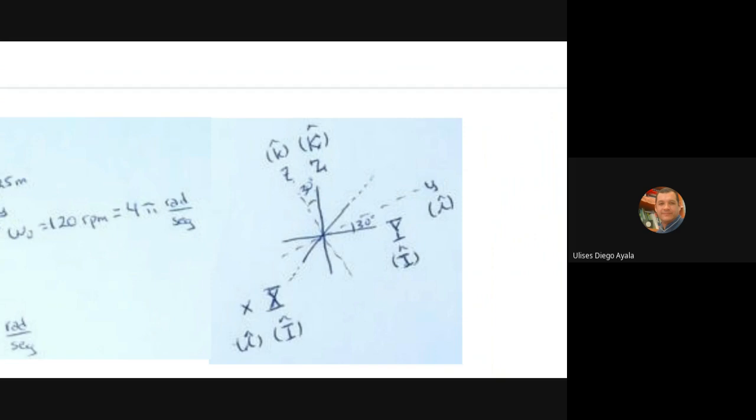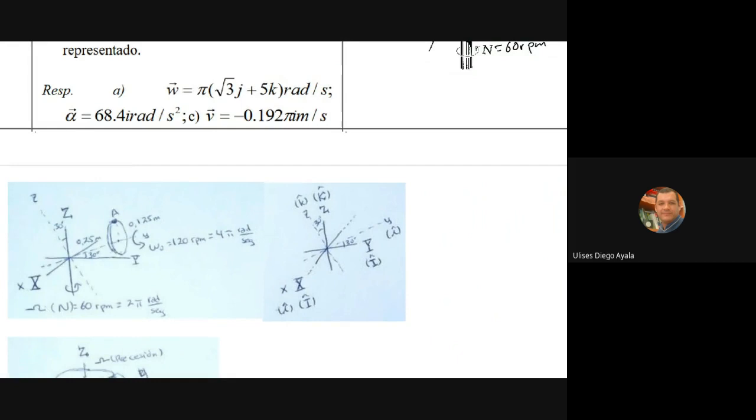So the X is the same, and we rotate only around the X. That's why you have 30 degrees for the Y and Z in lower-case letters. And I have I, J, and K, which are the standard ones for 3D.